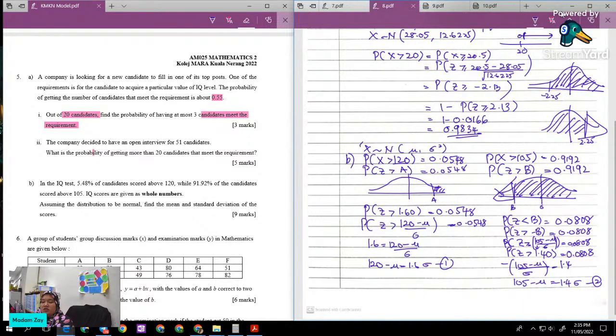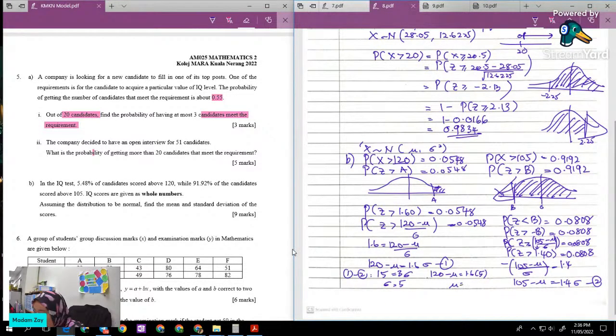So, we have two equation with two unknown. Boleh selesaikan dia. So, nak guna equation mana ni? 1 tolak 2. 120 tolak 105, 15. Tolak mu, tolak negatif mu jadi 0. Dan 1.6 minus negatif 1.4 jadi 3 sigma. So, sigma jadi 5. So, mu jadi 120 minus mu is equal to 1.6 of 5.